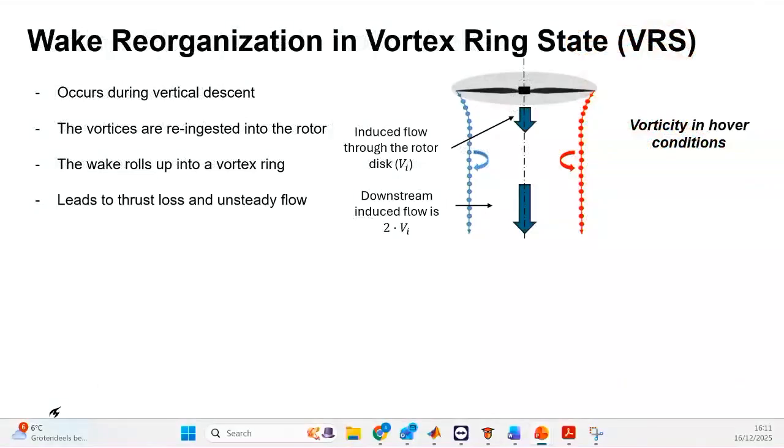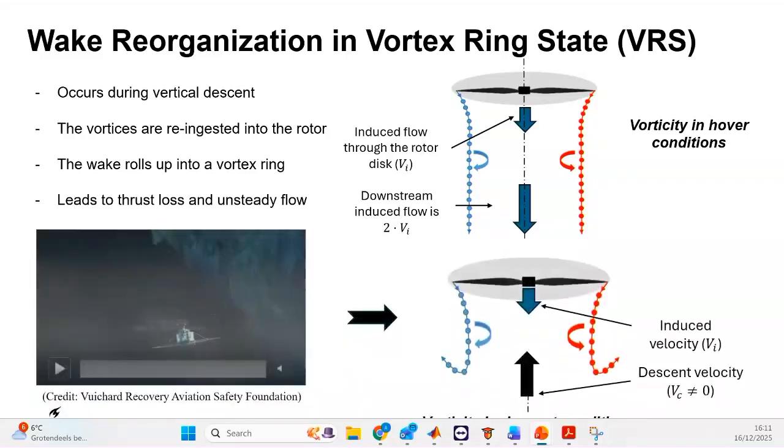Let's start with the vortex ring state. The vortex ring state occurs when the rotor descends fast enough that the tip vortices are no longer convected away. Here I include a video of a real experiment with a helicopter.